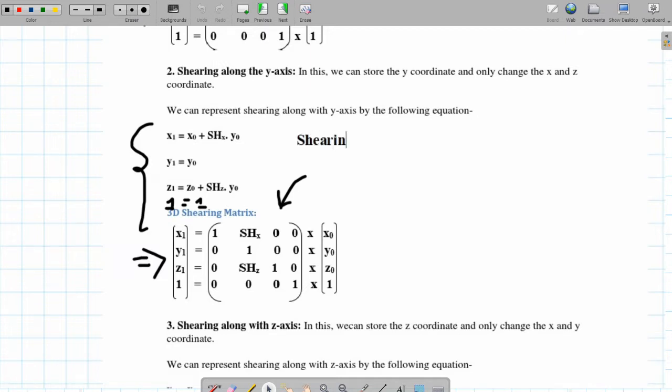Shearing matrix along y-axis. Here we go.